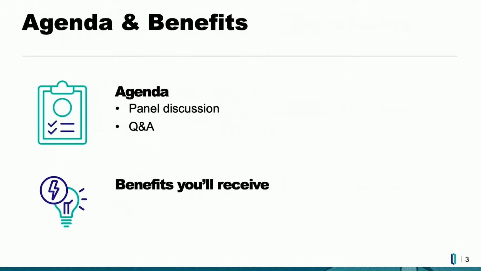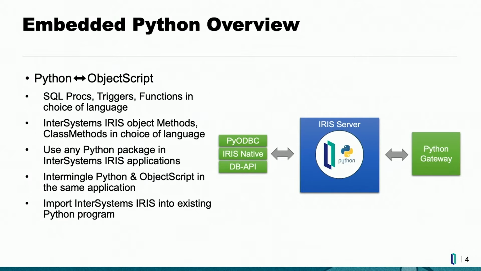So let me just give you a quick overview of what is embedded Python. We've had a couple of sessions that have touched on this, so I apologize if you've seen this slide before. But embedded Python is about being able to use Python inside the IRIS kernel.